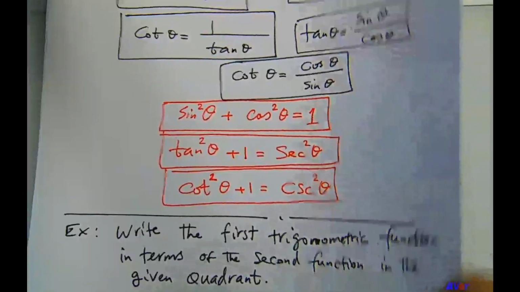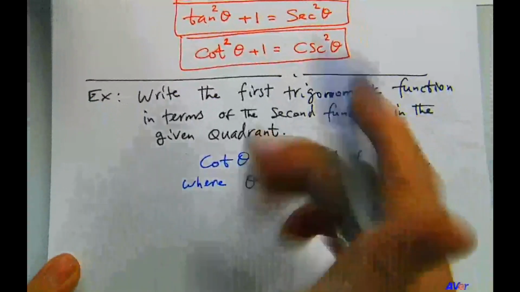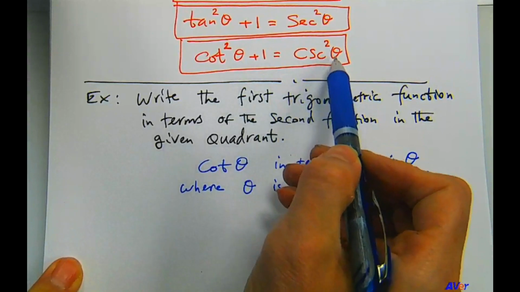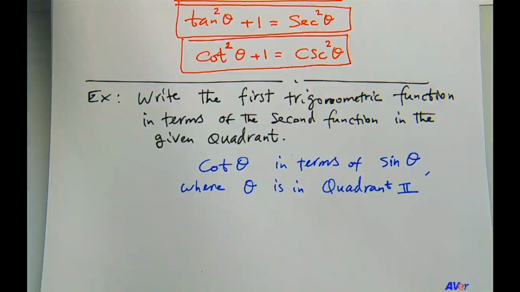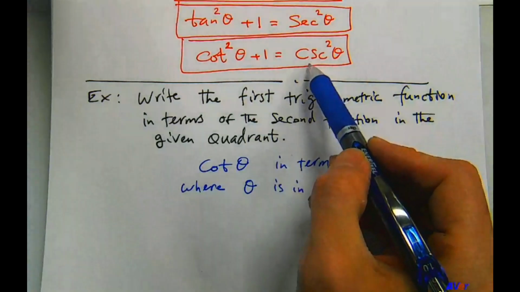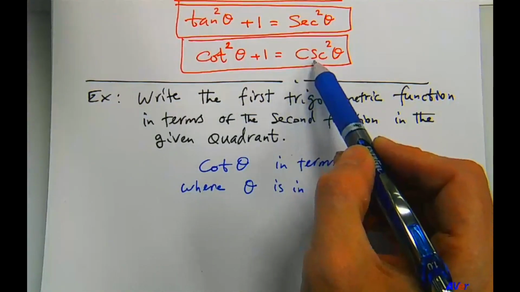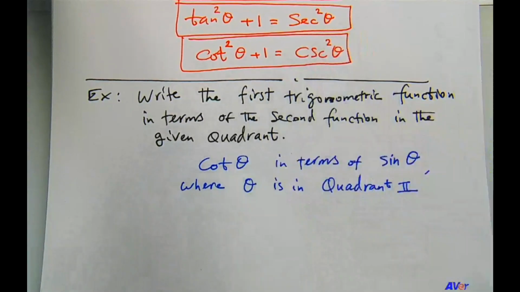Well, how about this one? One of the three new identities we learned about, cotangent squared theta plus 1 equals cosecant squared theta, has cotangent in it. But where is the sine? Well, the sine is actually part of the cosecant, because we know that cosecant is the reciprocal of the sine function, and only the sine function.